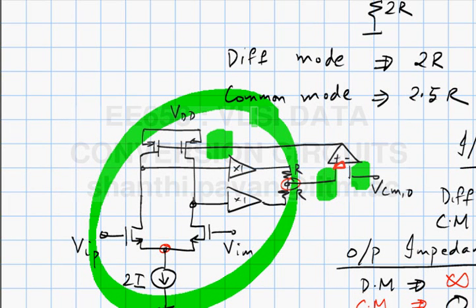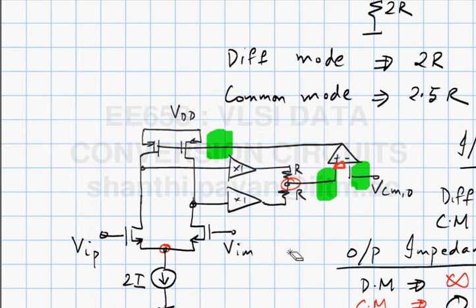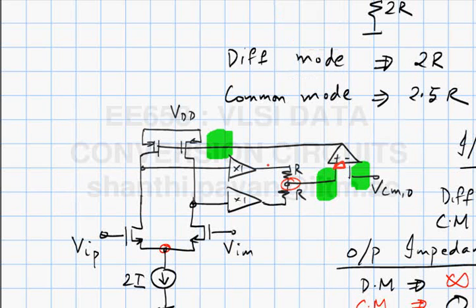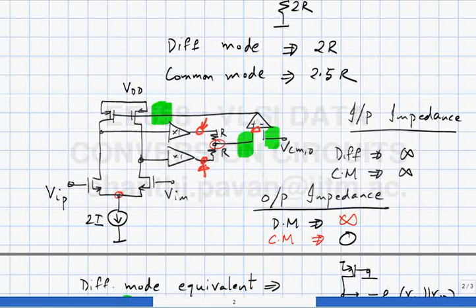Can somebody suggest a cheap way of doing it? One thing I could argue right away is that since I already have voltage controlled voltage sources, if I imagine that these were the outputs of my, within quotes, amplifier, then the differential output impedance at these two nodes is 0. The common mode output impedance at these two nodes is also 0.